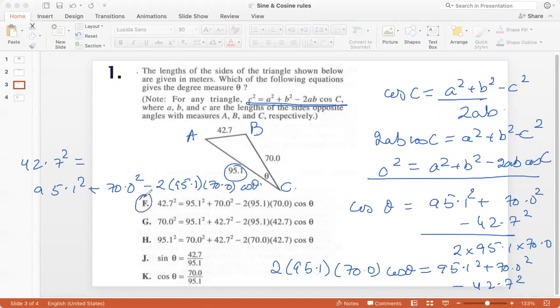And that is option F, right? So if you know the cosine rule, and it's also given to you here, you can manipulate that and get the right answer.